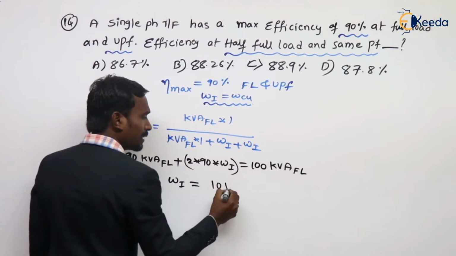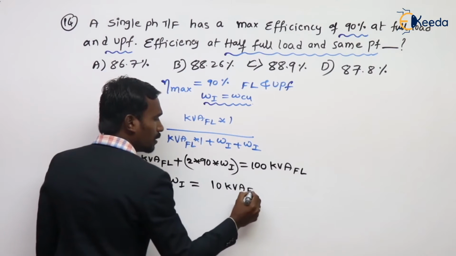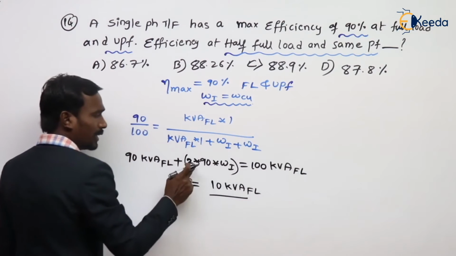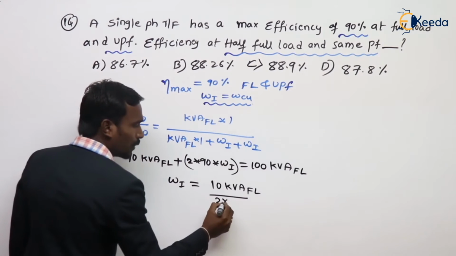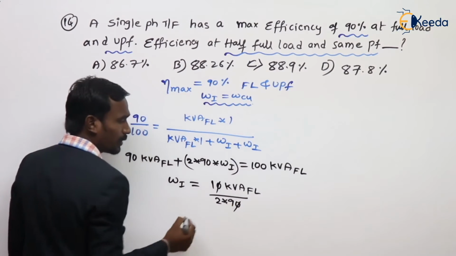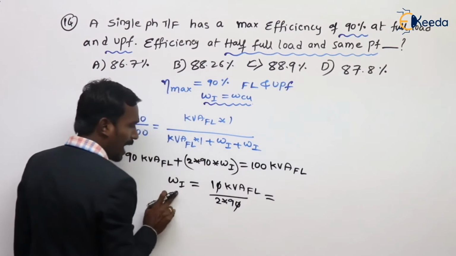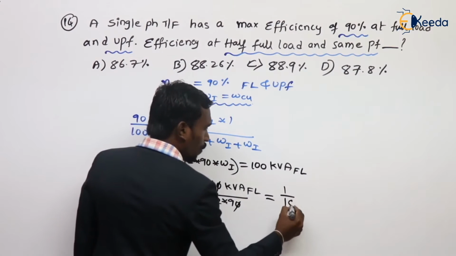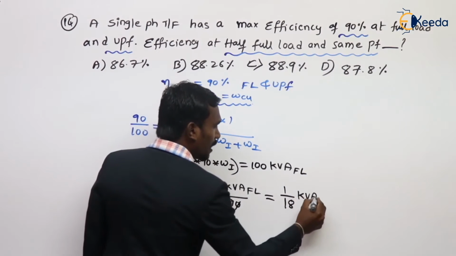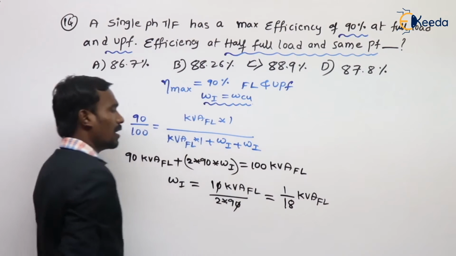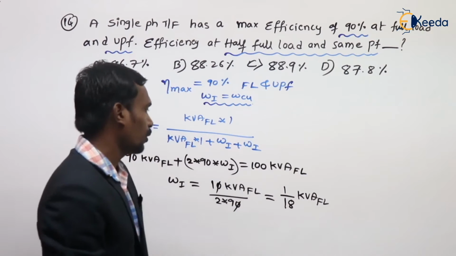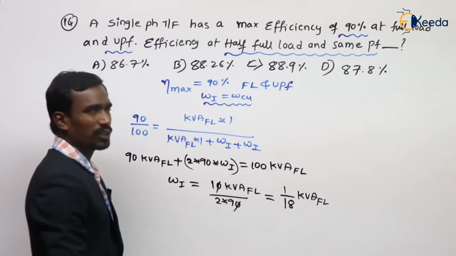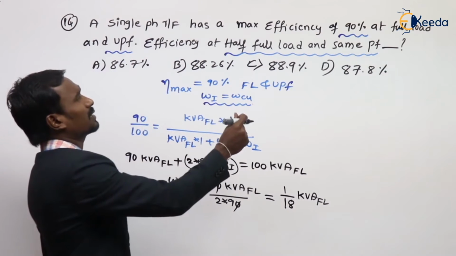So 10 kVA full load upon 2 into 90. The 0 gets cancelled. So the iron losses are equal to 1 by 18 times kVA full load. We got this equation. Now calculate the answer.